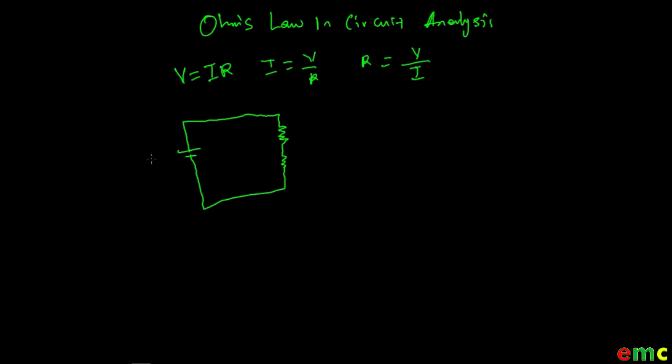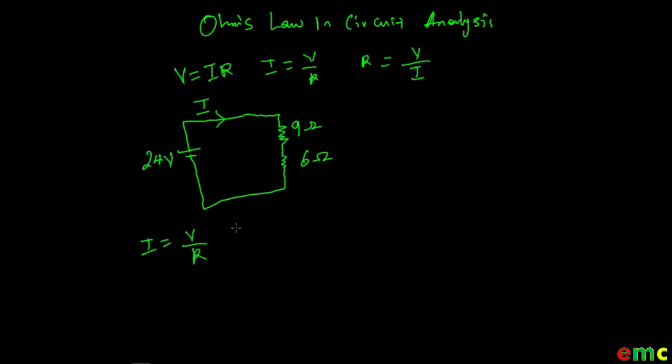A 24 volt source is powering the circuit. We have a 9 ohms resistor here, and a 6 ohms resistor here. To find the current flowing in this circuit, the formula for the current is equal to the voltage over resistance.